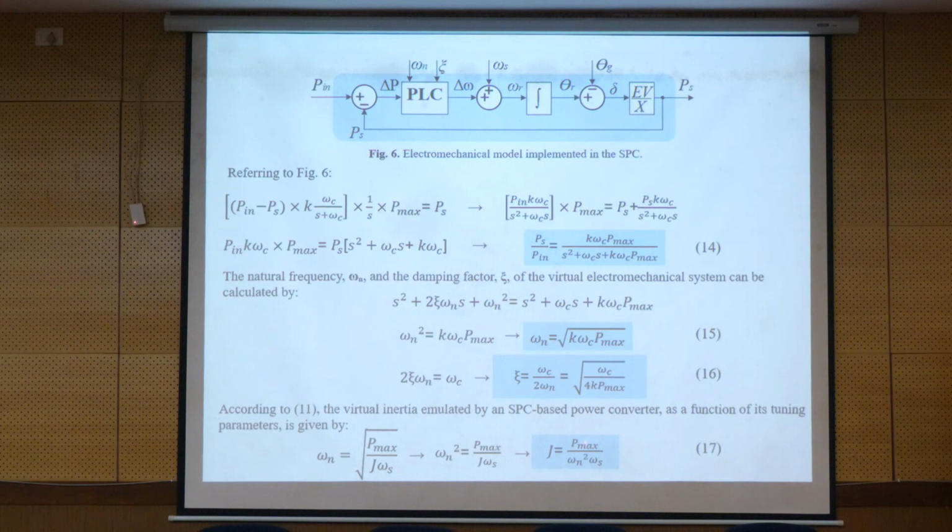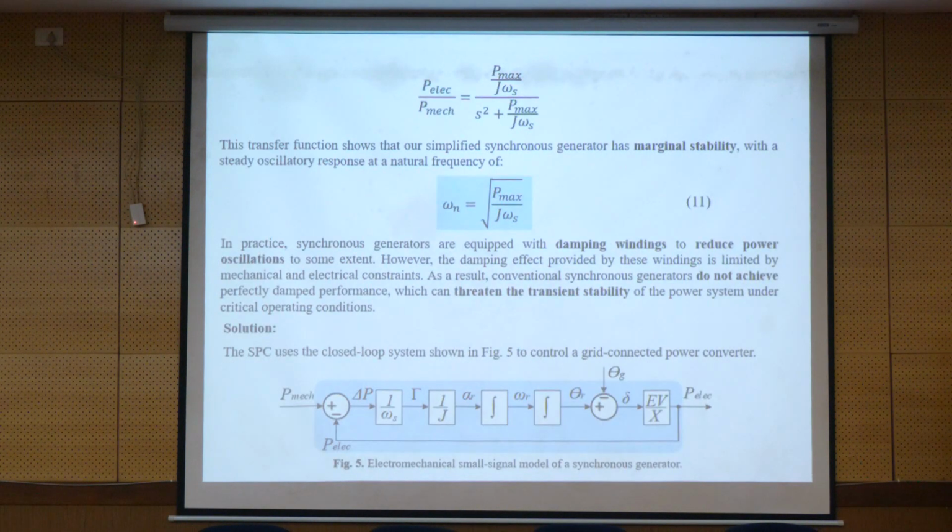So, for example, we have the P max, and if we go back to equation 11, omega n is P max over 2 J omega S. Omega S is constant, J is constant. P max is E V over X times 2 delta, and this delta is not a constant value, so it's changing. Yes, moment of inertia.